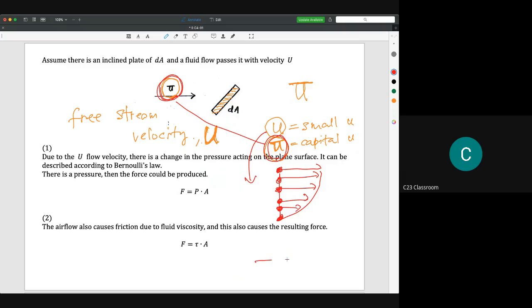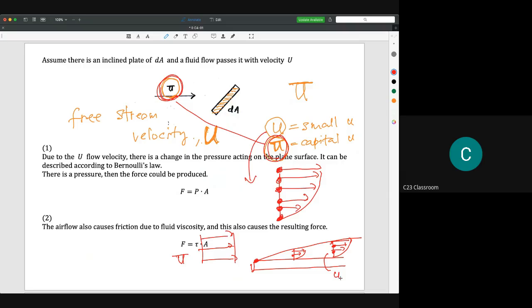For example, if we have a plate here, the velocity before it makes contact with the plate is capital U. When it starts to contact the plate, it will create a boundary layer like this, because the velocity distribution starts to occur. The velocity inside the velocity distribution is the small u.